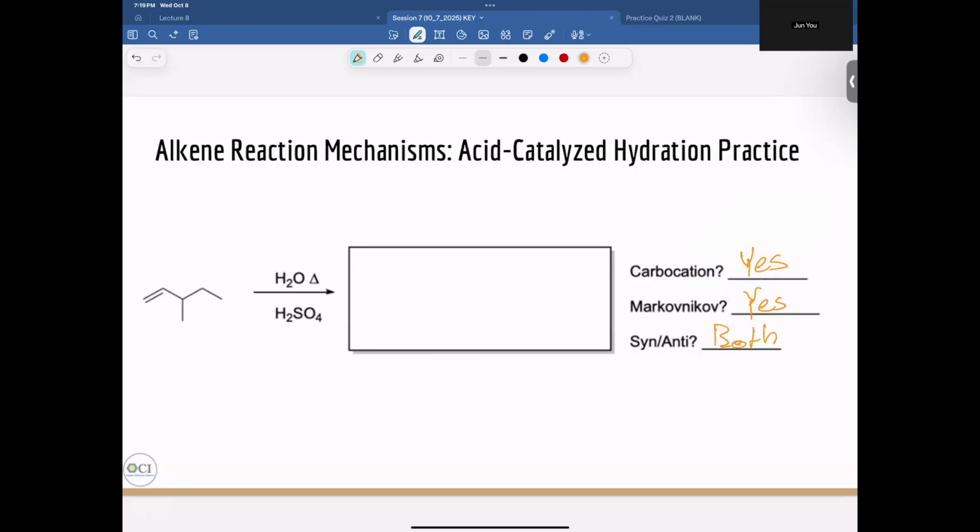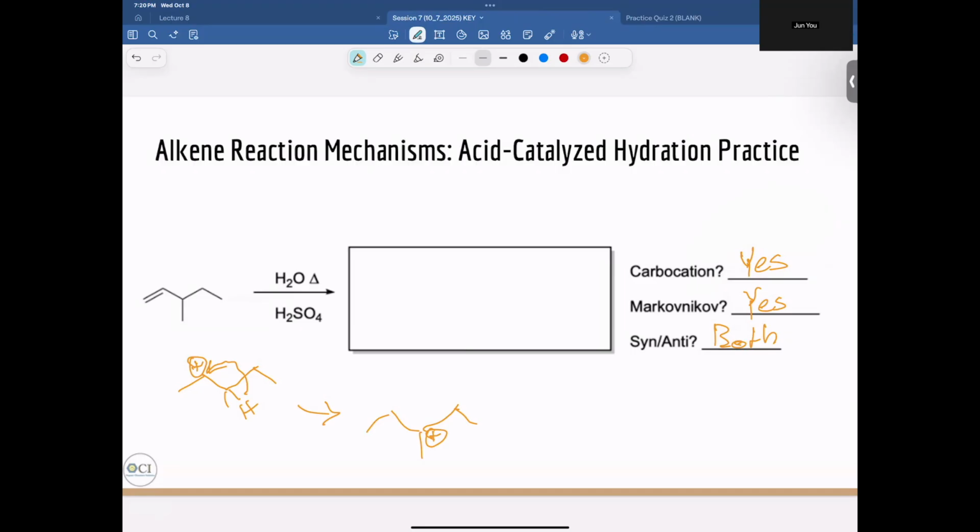So drawing the product of this, we know it's going to put an OH on the more substituted side, but we also know it forms a cation. And something you always want to look for when you have a cation is if it can do rearrangement. So in this case, when we add that hydrogen, we get the cation there. This cation can do rearrangement. We have that H there. We can do a hydride shift, and that will give us this cation, right?